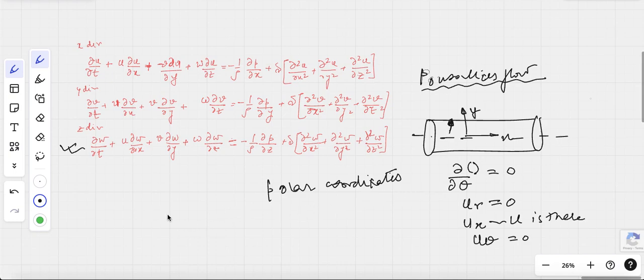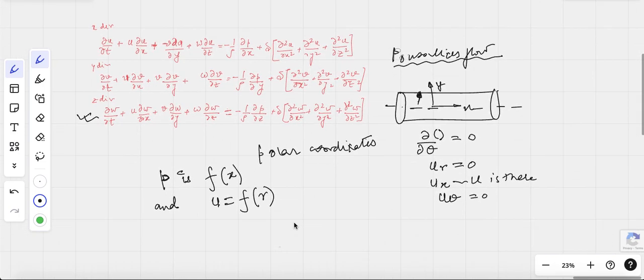So from this we can find that P is a function of x only, and U is a function of R. So only this, and we can say that a kind of this term will remain, but this will be in polar coordinate.